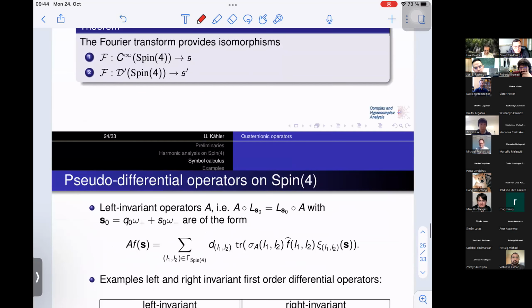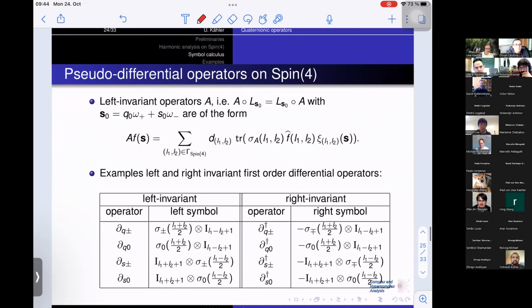Now, the pseudo-differential operator calculus comes basically automatically out of that part. We have our left invariant operators, which we can write down in this way. If you want examples of left and right invariant operators, from our previous initial ones, you have the symbols for the left and right invariant ones.